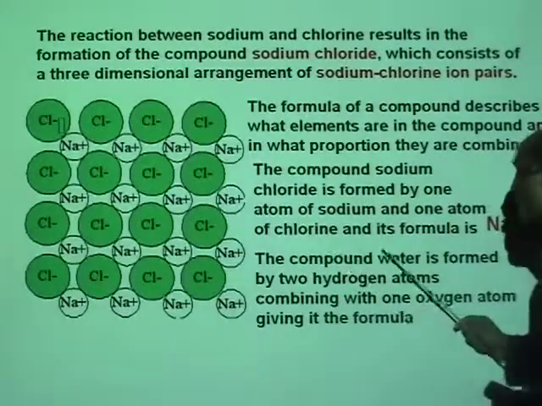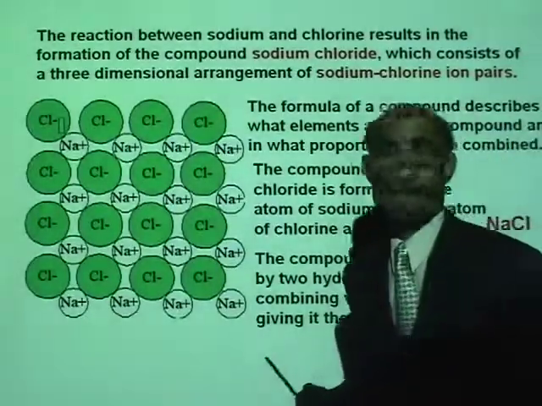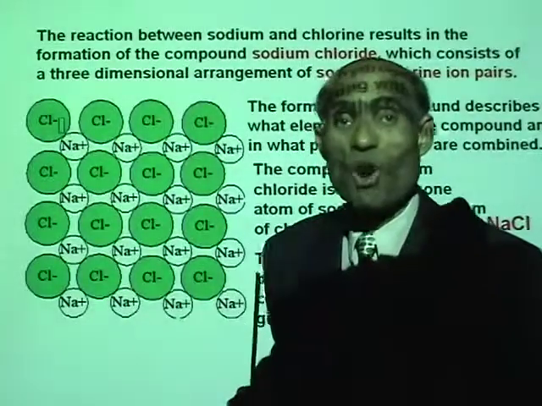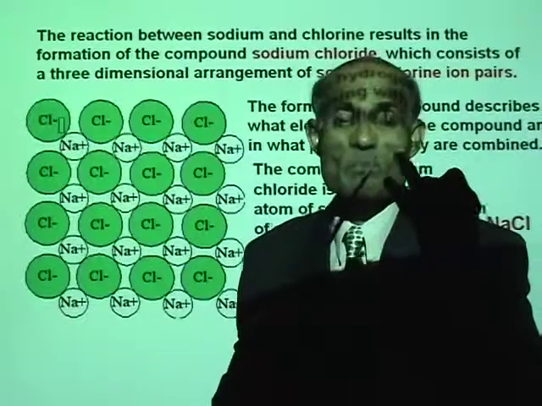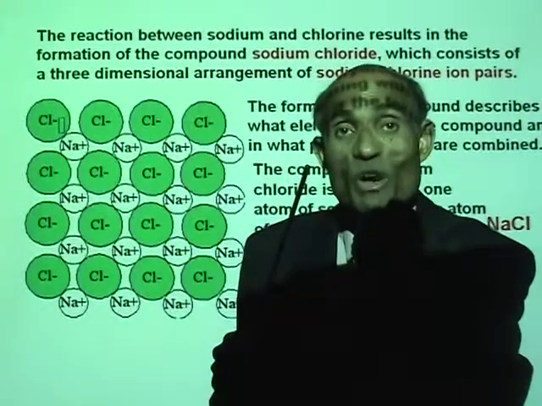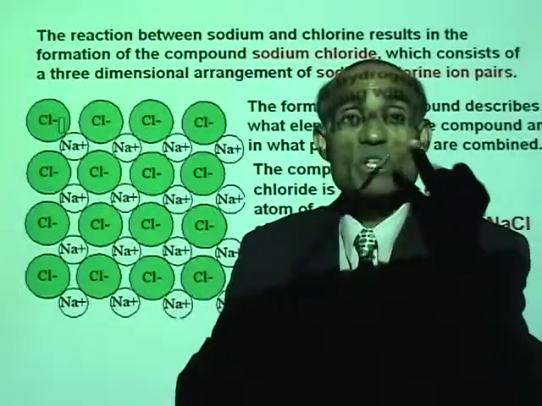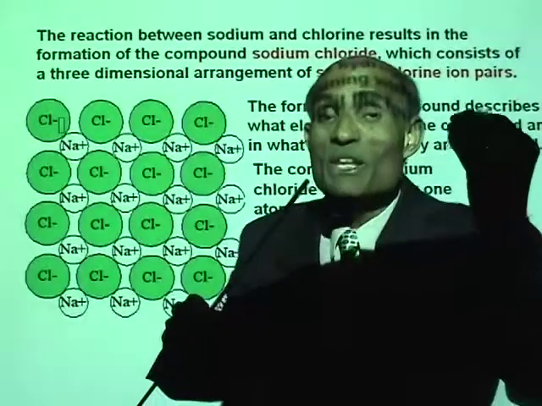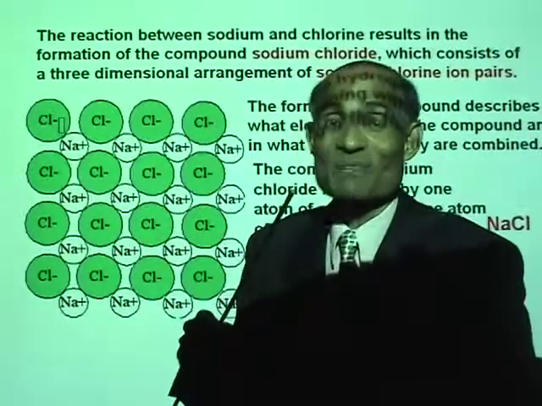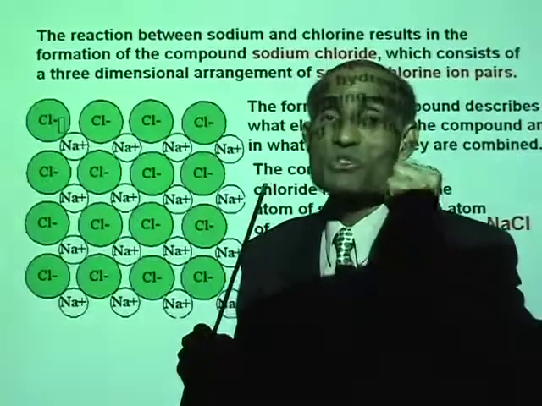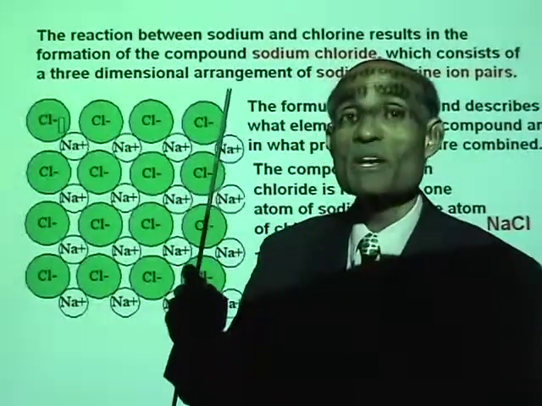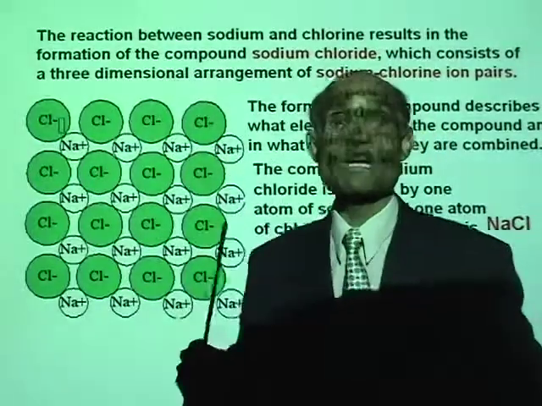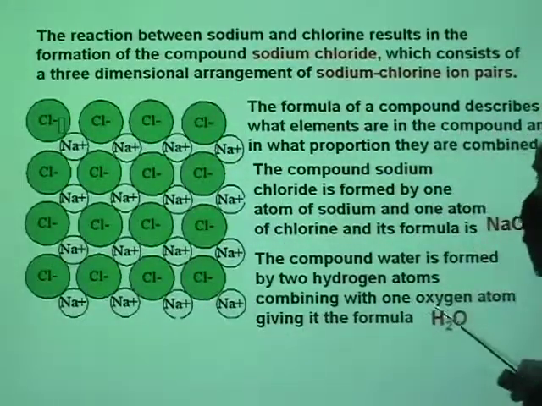The compound water, I just talked about that. The smallest unit of water is formed by two hydrogen atoms combining with one oxygen atom. You see, that means two hydrogen atoms combining with one oxygen atom. The formula for that compound is H2O.